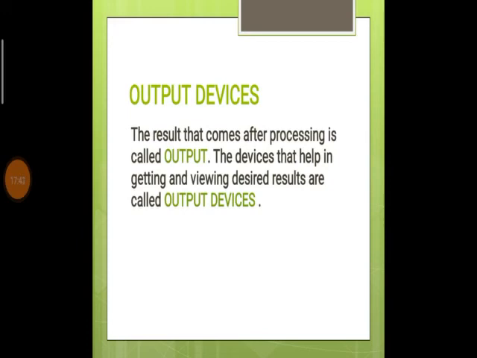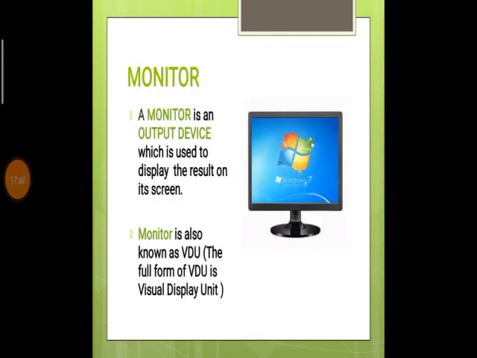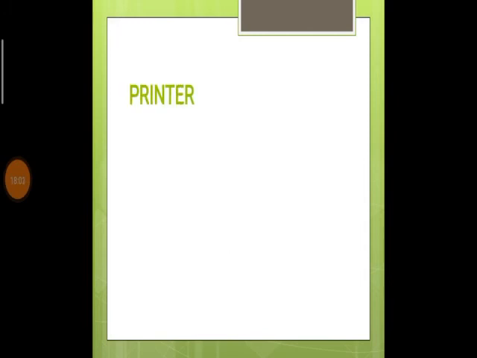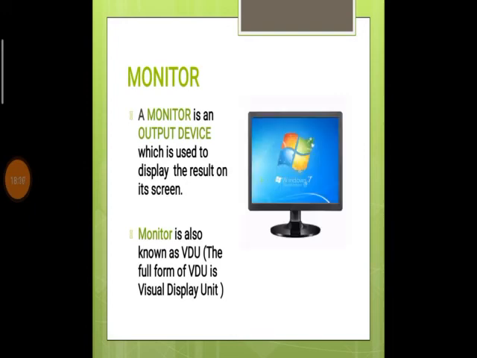For example, a monitor. A monitor is an output device which is used to display the result on the screen. Here you can see the picture of a monitor.